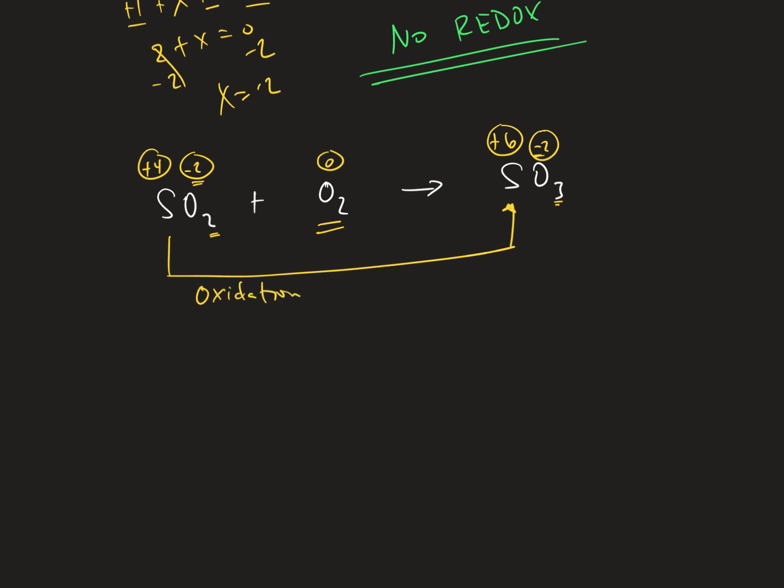What is that? That doesn't do anything, right? Thank goodness we have another oxygen. That one reduces in charge, reduction. Are we good? So even though there's no ionic compound in here, we do have a transfer of electrons. Okay?